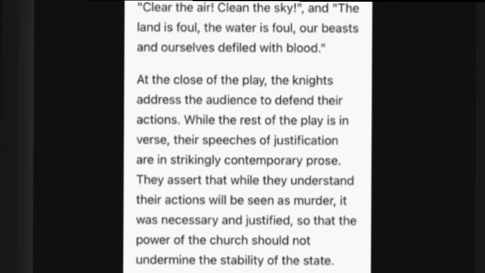When the fourth tempter came and tempted him, he suggested the idea of martyrdom, which would give Thomas the greatest dominion over his enemies. He would be remembered throughout the ages if he allowed himself to die for the church. So this was one of the factors that contributed.